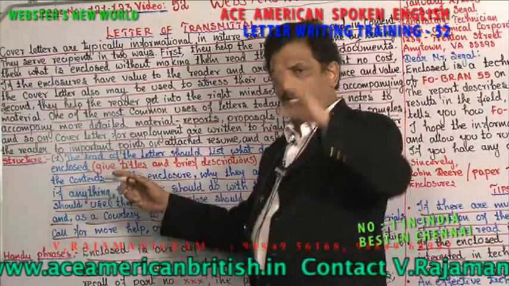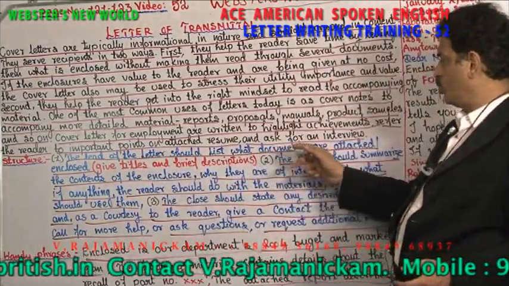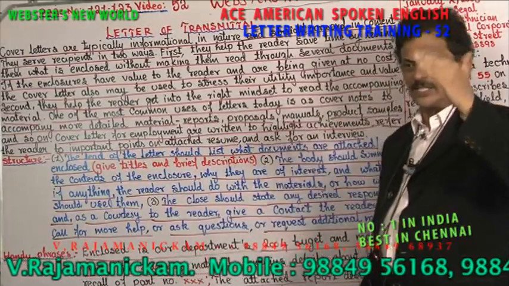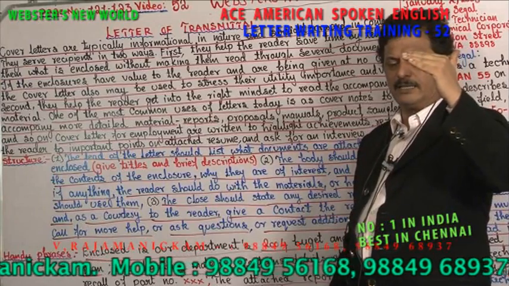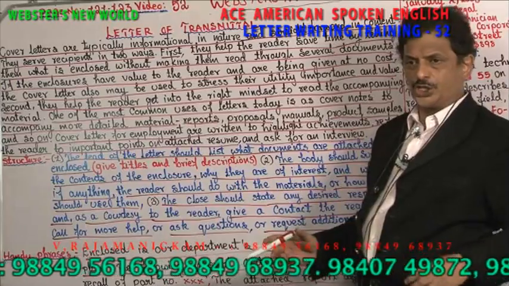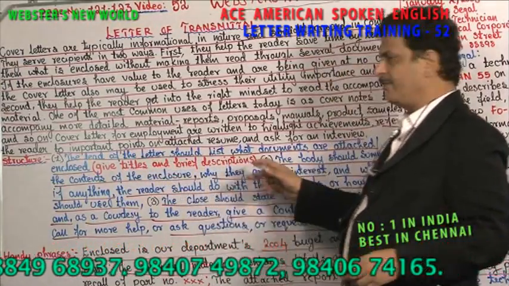The structure of the letter should be as follows. The lead of the letter should list what documents are enclosed. So, in the covering letter, the first step should be to write what attachments are enclosed. For example, give titles and brief descriptions.